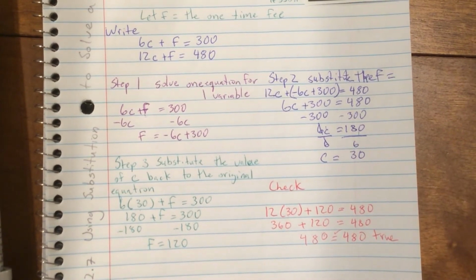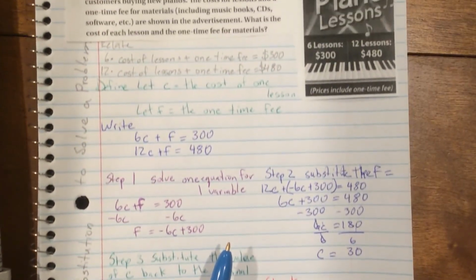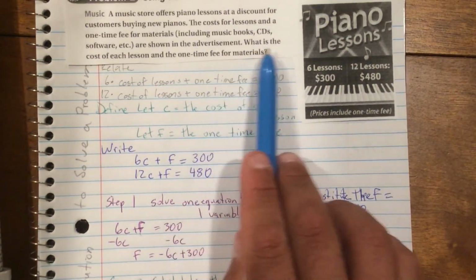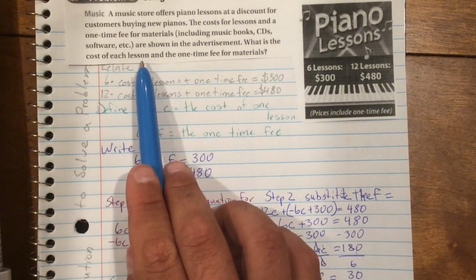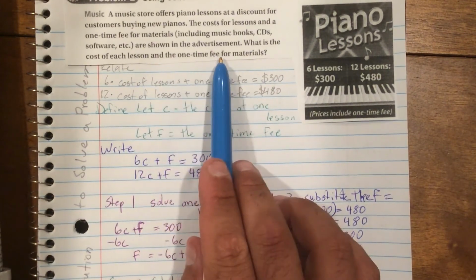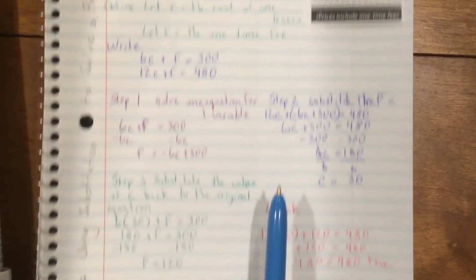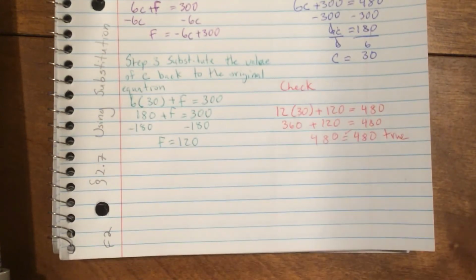But this is actually not what the question wanted. So yes, we found this is true, but what did they actually ask for? We go back to the top. It says, what is the cost of each lesson and the one-time fee for materials? So grab a different pen.